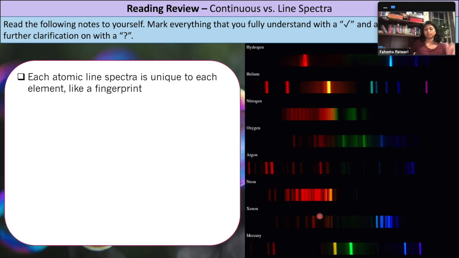So how are they formed? Actually, before that, here are some examples of the unique atomic line spectrum for some elements. If I look at a light bulb full of hydrogen gas, I won't see all these colors with my naked eye. I believe I'll see a pink.